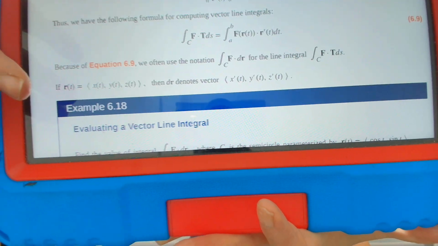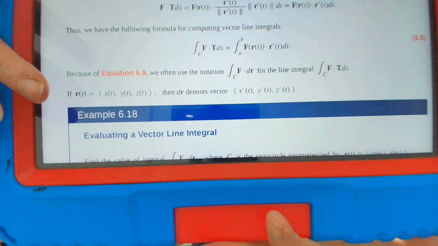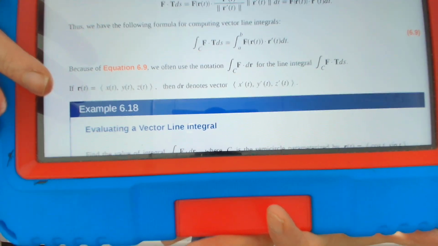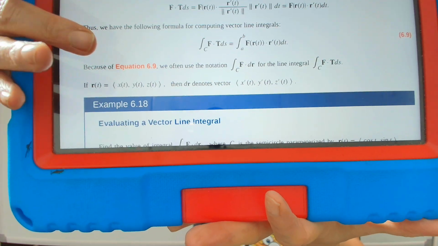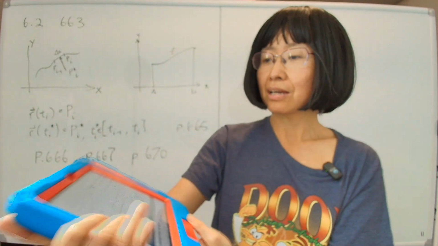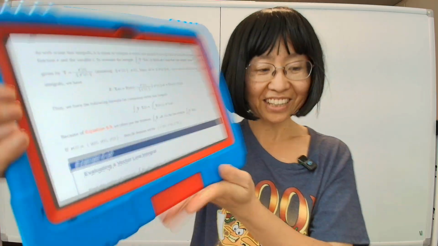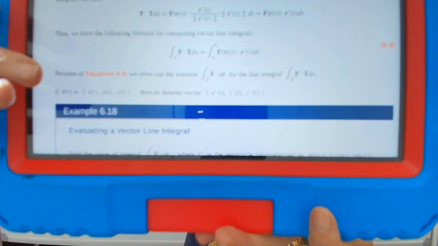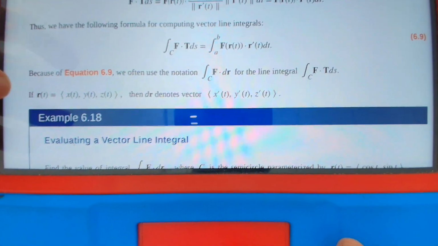Where remember, r of t is x of t, y of t, and z of t from your parameters, and dr is taking the derivative. So to calculate this, whatever it's called, the vector line integral, what you're going to do is remember to take the derivative of the r of t.